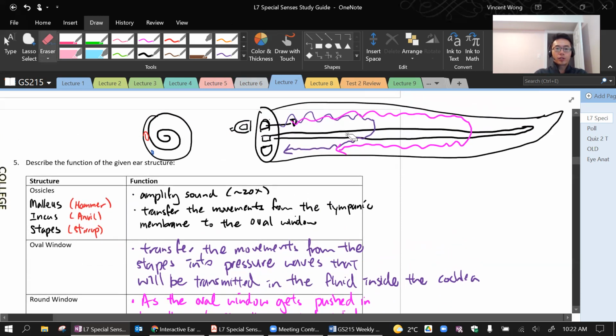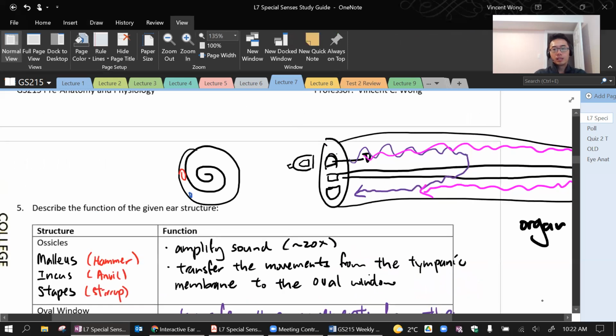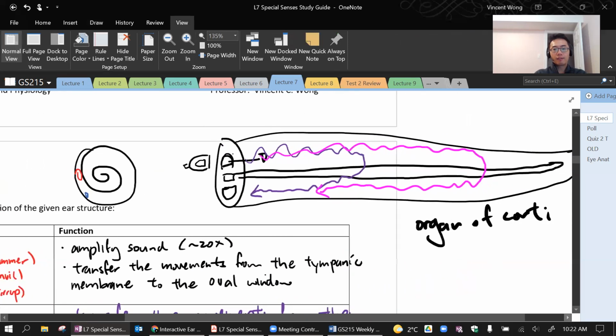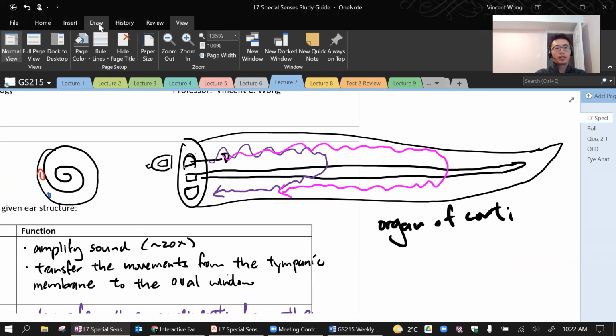Now, in the middle where it turns around, there is a structure called the organ of Corti. Without going into too much detail, because you don't have to know it, the organ of Corti has hair cells, which are the mechanoreceptors that we found within the ear.